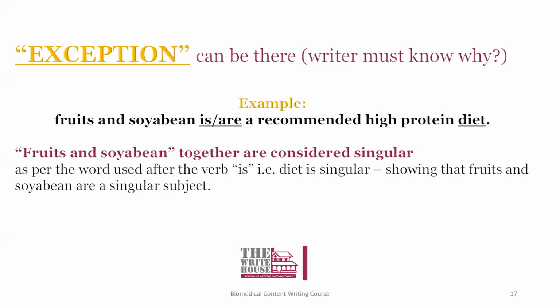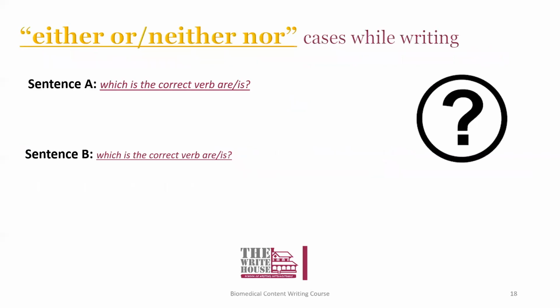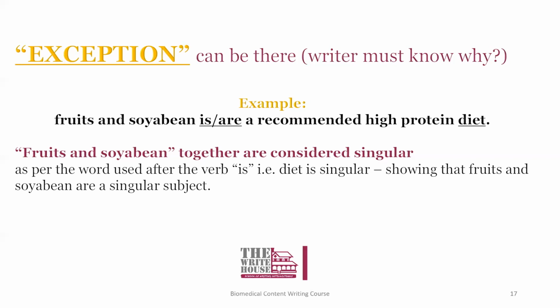So fruits and soybean together are considered a singular word. That is why we use is here, and the correct version will be fruits and soybean is a recommended high protein diet. So you have to see whether you are writing it considering it to be a single subject, or taking them as two different things, and accordingly you have to use the verb with the subject.